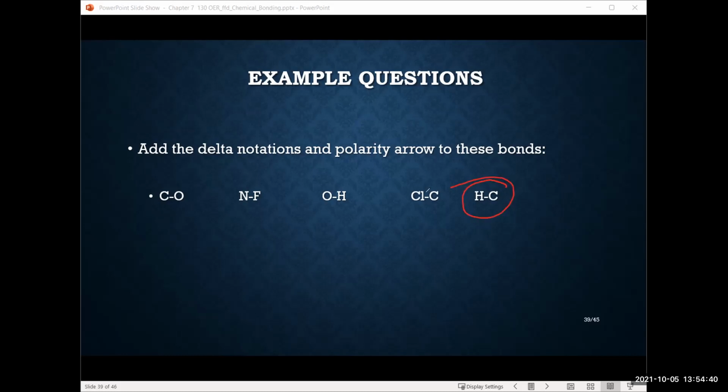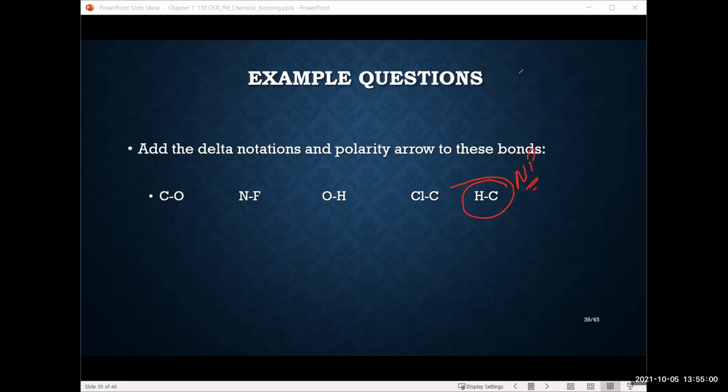Carbon, hydrogen. So we know automatically we have a nonpolar bond here. NP, nonpolar bond, no questions asked. Everybody else has two different atoms, so automatically all those other four are polar.